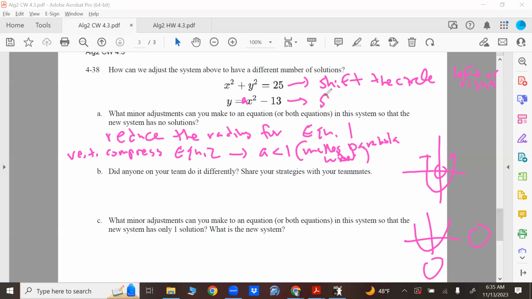You could also shift the parabola up. That's yet another way. You could change that to like plus 13 if you wanted to, or you reflect it, right? That could happen.